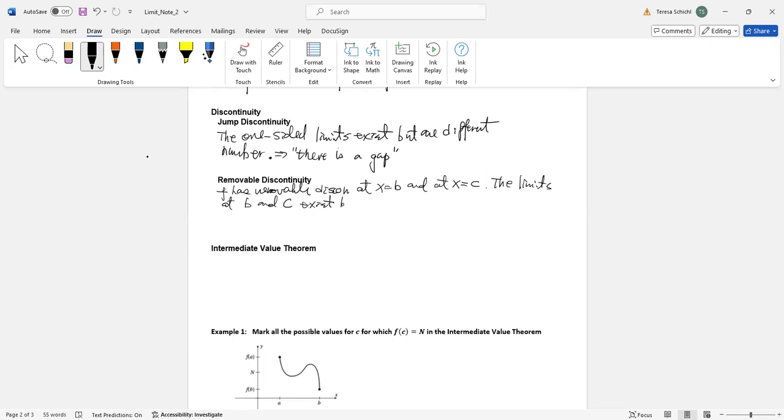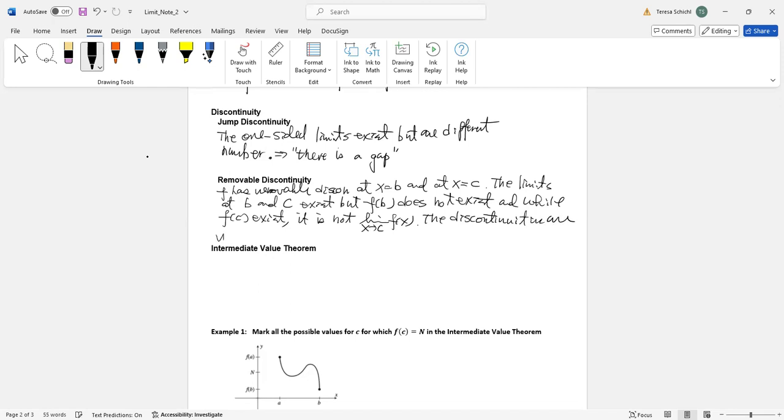But f of b does not exist, while f of c exists, it is not equal to the limit as x approaches c of f of x. So the discontinuities are removable.